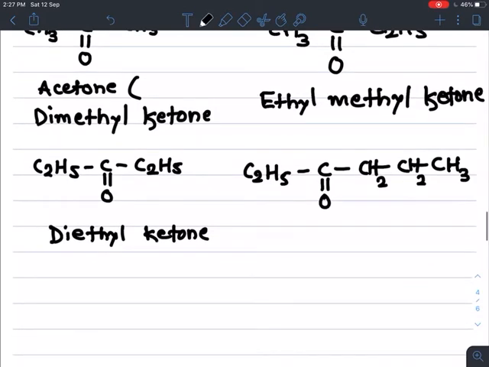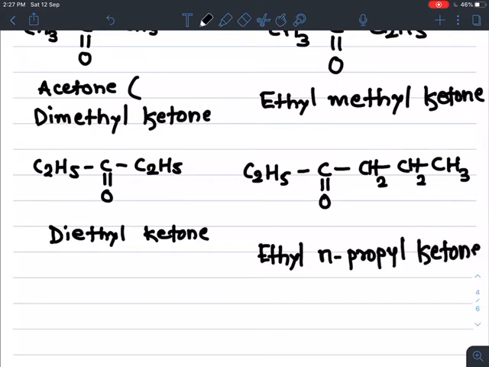The name of this compound is: C2H5 means ethyl, and this straight chain of 3 carbons is an n-propyl group. So ethyl n-propyl ketone is one more example of a mixed or unsymmetrical ketone.